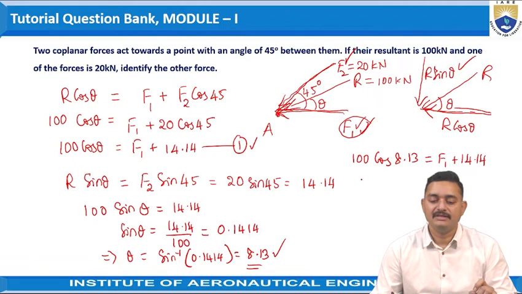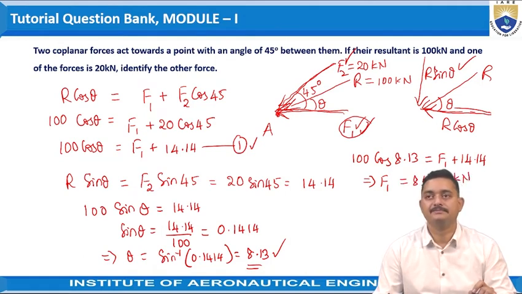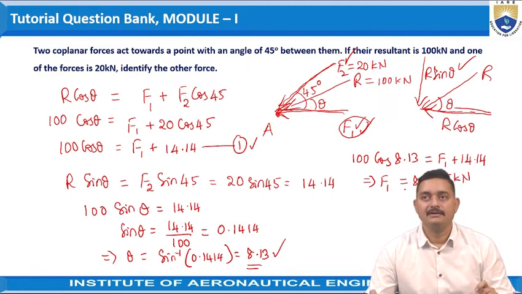So if you simplify this, you will get the value of F1 as 84.85 kilonewtons. This is the magnitude of the other force F1.